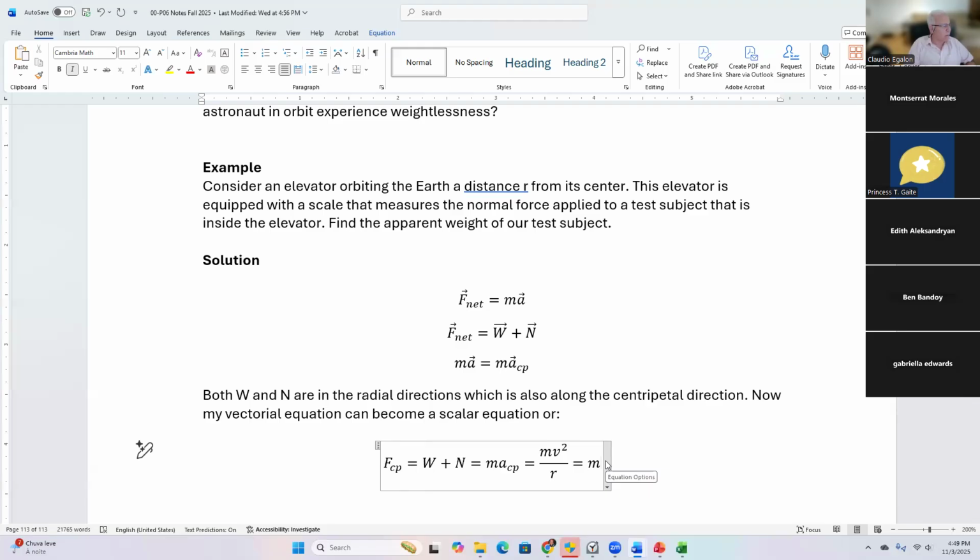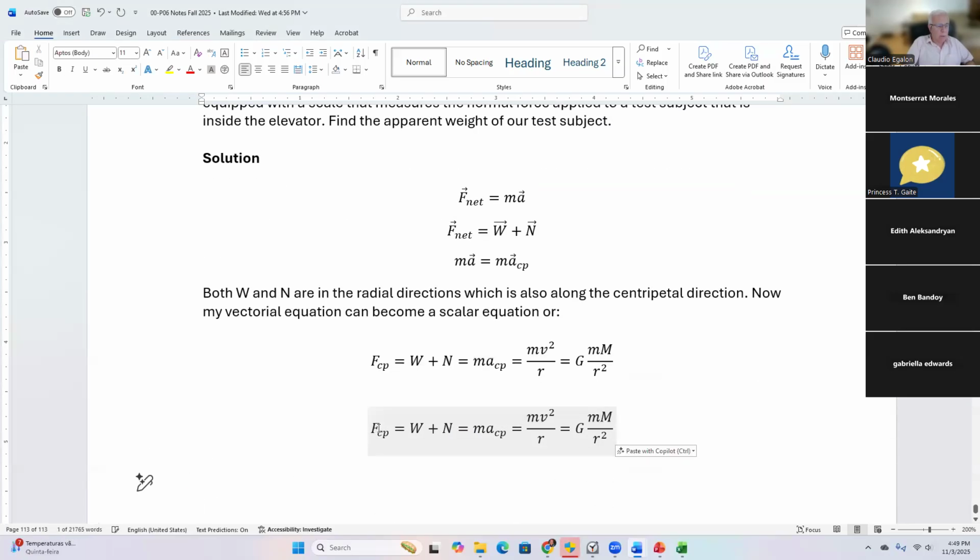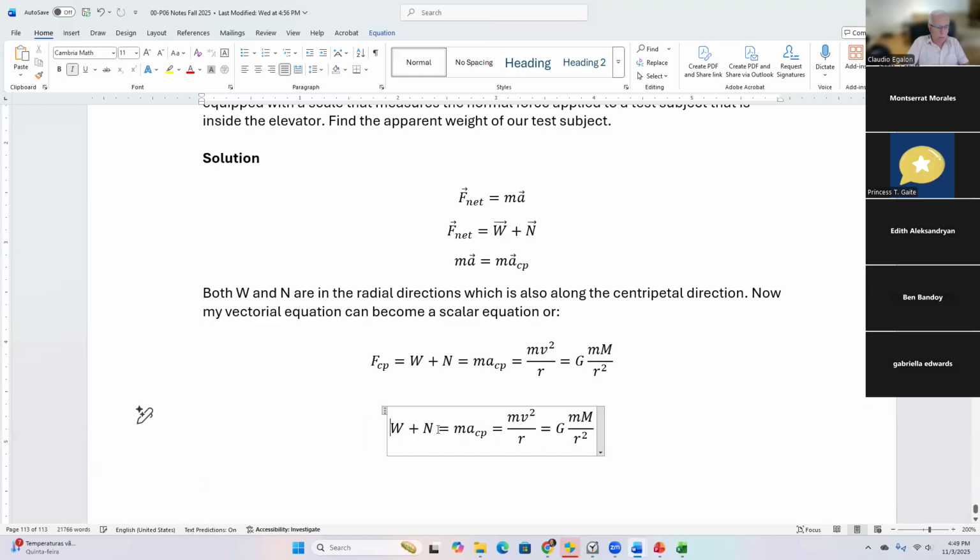That's inside the elevator. Big G, the mass of the Earth, and the distance of the elevator to the square, R squared. But let's not, here you go. Now we have this equation here.